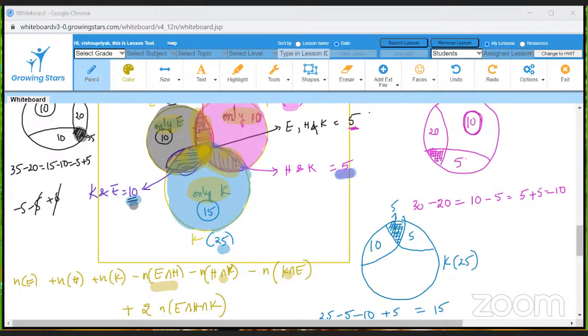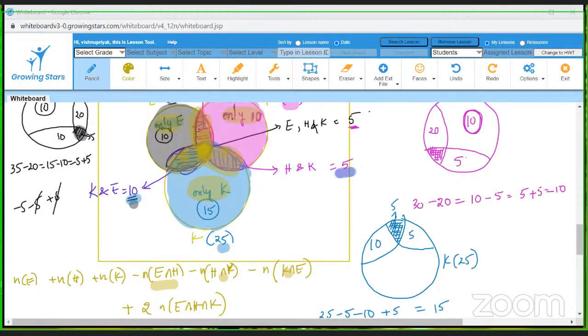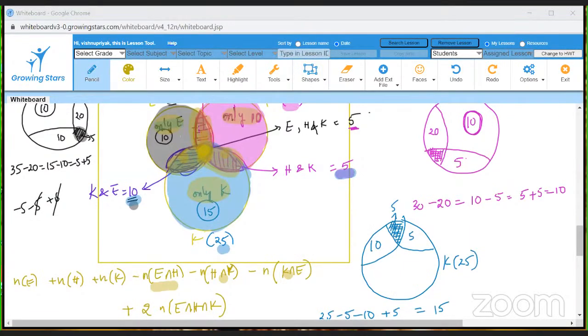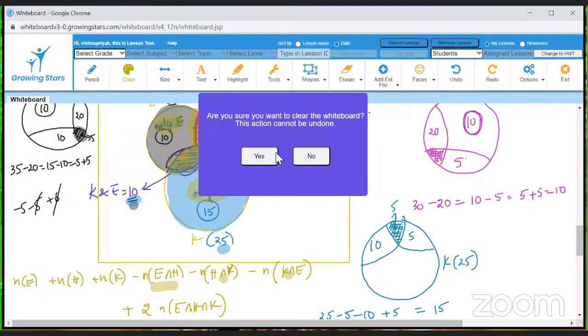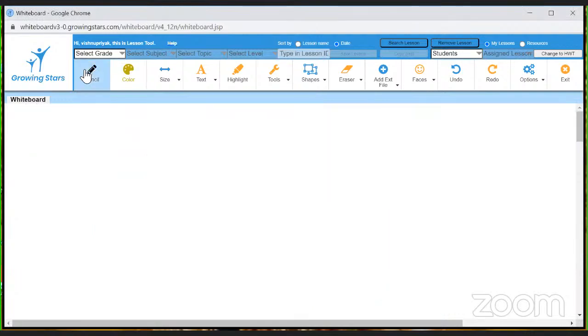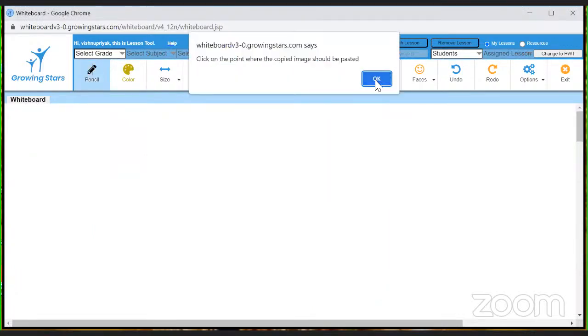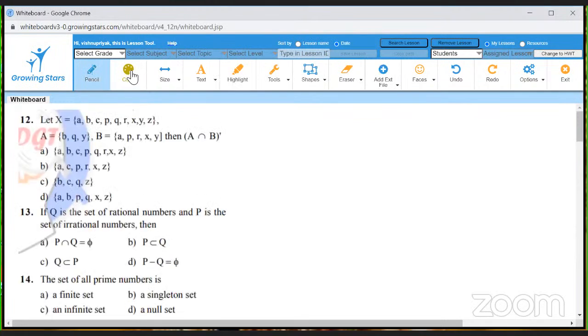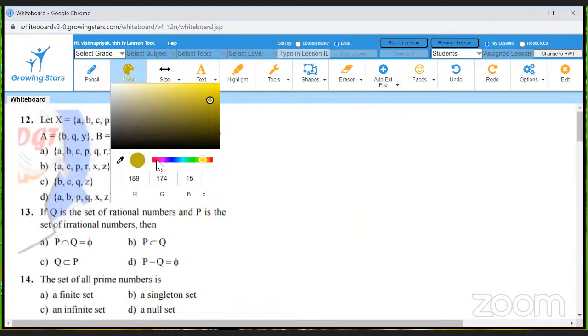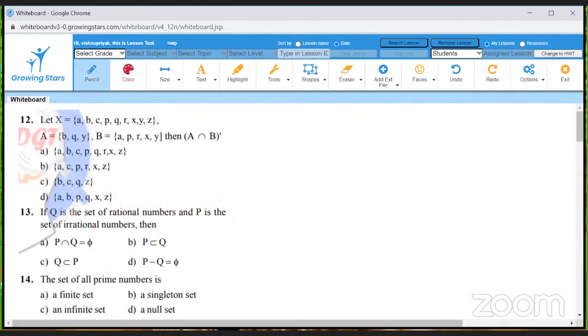I'll put the questions from the 12th one. Who got the answers in the homework? They can type the answers. If you did not do the homework, now you can do, no problem. Try this.